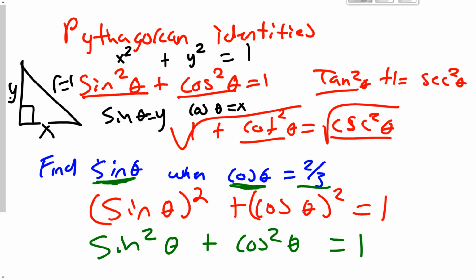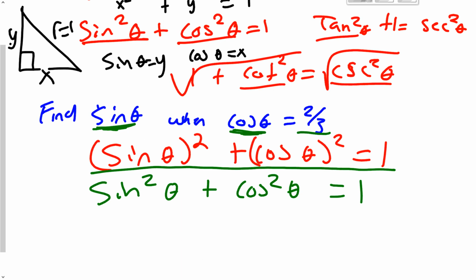So this top one right here is the same thing as the one in green there. Now cosine of theta is 2/3, so I take 2/3 and square it, because cosine is being squared.